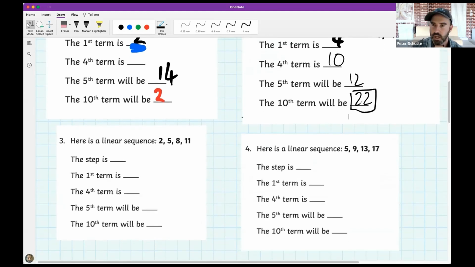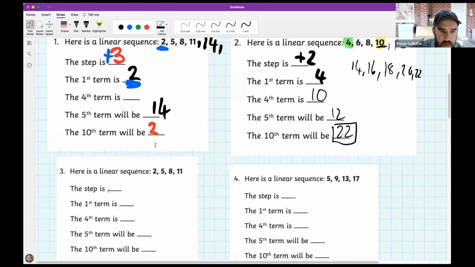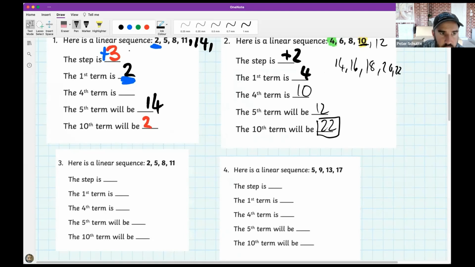Mr. Ace, we have a question from Tibofatso. Go ahead. I'm confused in number 1 because it says the 10th term will be 2.